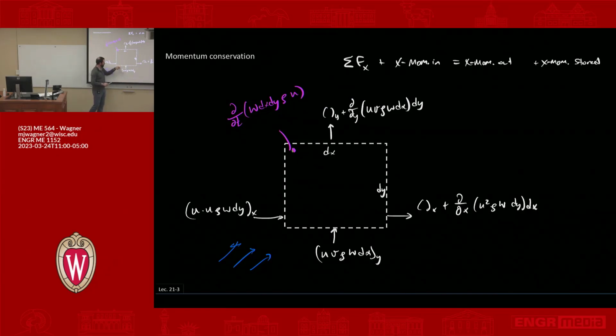So you're going to have a shear force on this surface. You're going to have a shear force on this surface. That's maybe fairly straightforward if you think about fluid moving this way. But you also have shear forces as you're sort of sliding over itself. There's a force on this boundary kind of pulling and this boundary kind of pushing. So you have forces on all four faces related to shearing of the fluid.